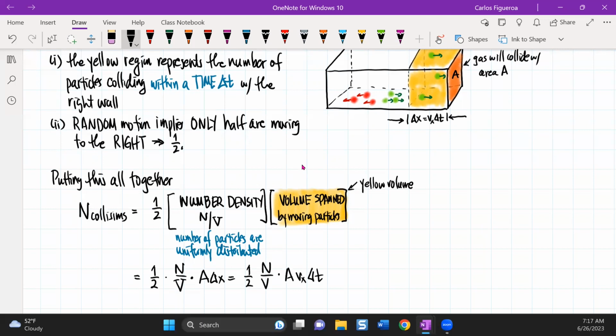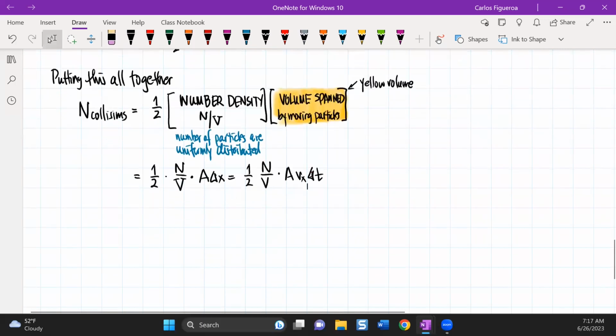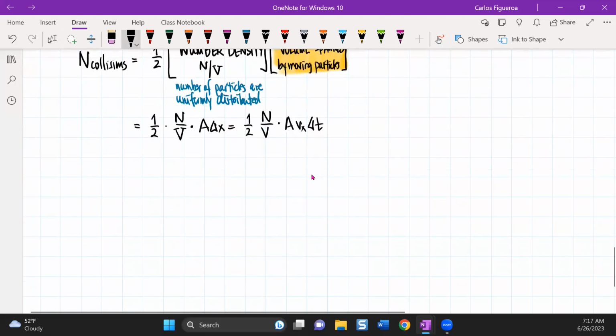So now what I'm going to do here is that I'm now going to solve. So if I now solve for n collisions per unit time, then I isolate the term where I get 2 times the volume times the number density, the number density, of course, and then this will be A Vx.